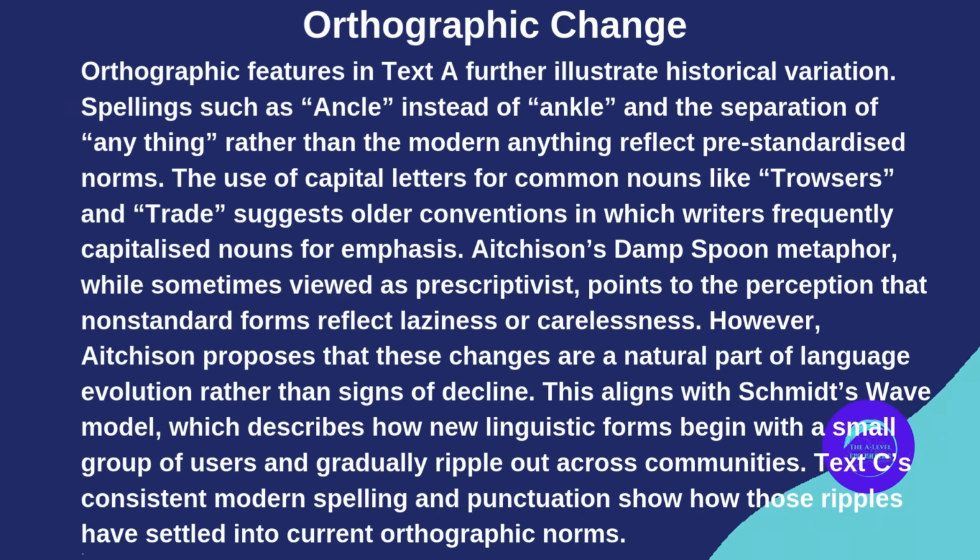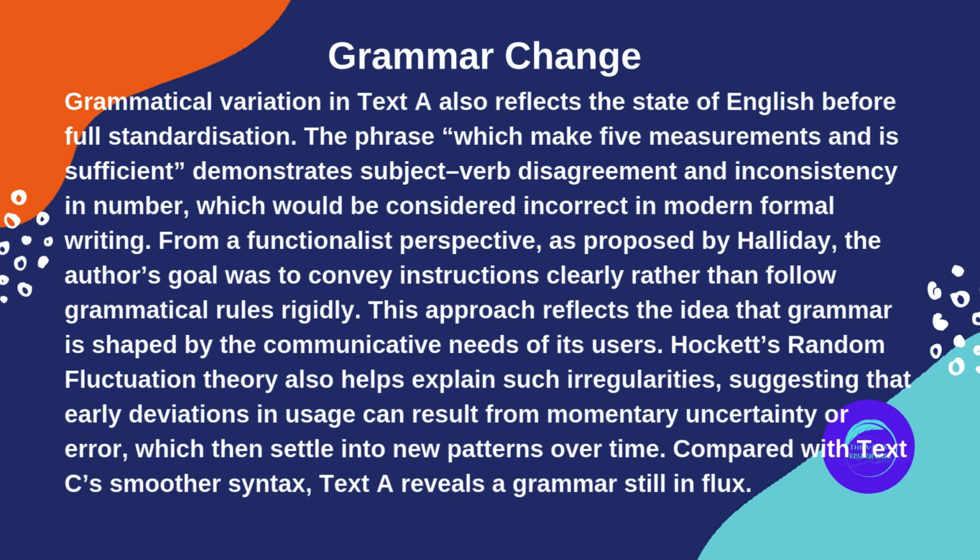Now let's explore grammar. In text A, we find inconsistencies, such as "which make 5 measurements and is sufficient." This blends plural and singular verb forms and would be marked incorrect in modern usage. But from Halliday's functional linguistics perspective, grammar serves communication.